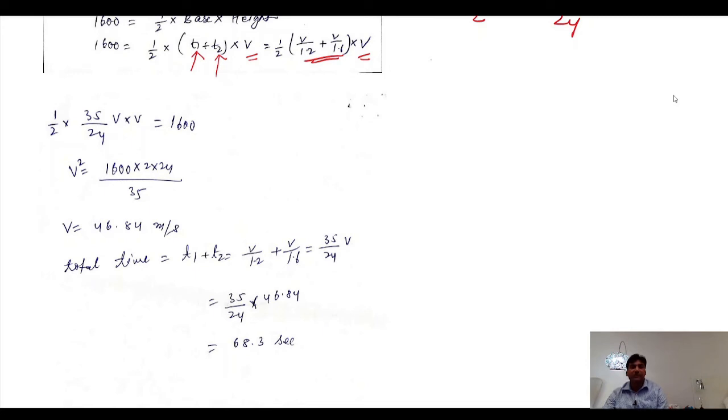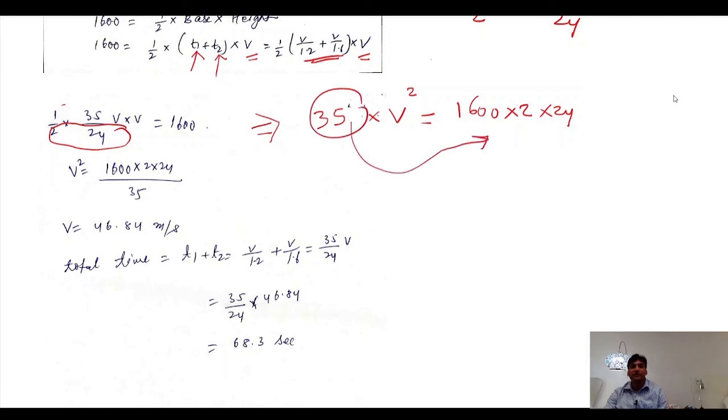So how can we get v square? From here we get 35 times v square equals 1600 times, actually I have multiplied both sides by 2 times 24, here as well, here as well, and here as well. So 2 times 24 I got. Now you can take this in the denominator, or simply divide both sides by 35.